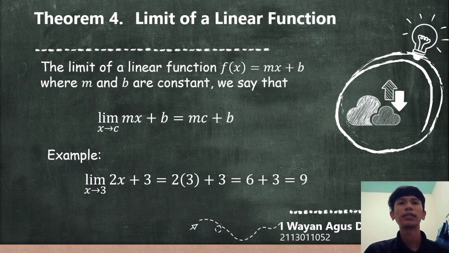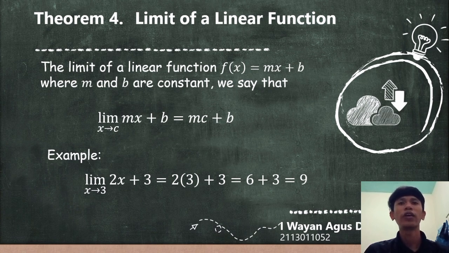If we are asked to solve for this limit, the limit of 2x plus 3 as x approaches 3, then what we need to do is to substitute 3 for the value of x, since the limit of x as x approaches c is equal to c.